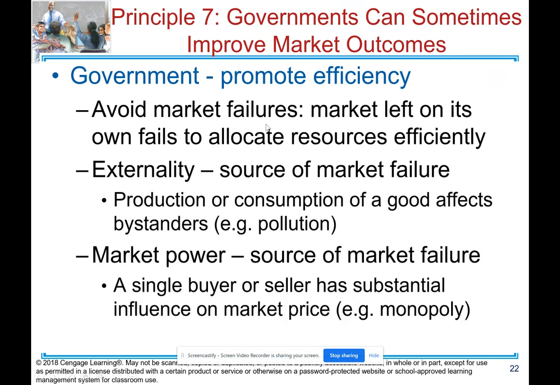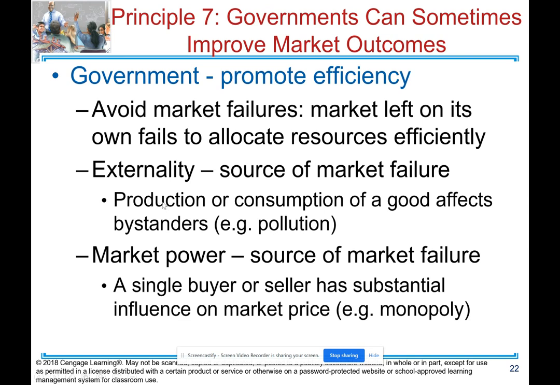Avoid market failures. Markets left on their own fail to allocate scarce resources efficiently. In other words, markets fail if there is no government to promote efficiency. Externality is a source of market failure.